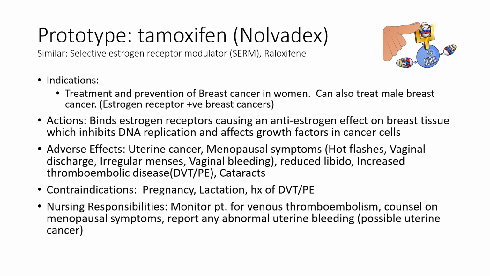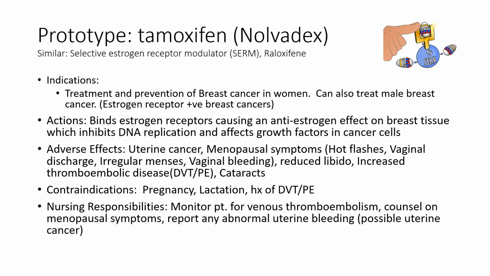One of the pieces of advice we give women, especially postmenopausal women on this drug, is if you ever get vaginal bleeding, that would be a concern. We would need to see you for that, because that could be a sign of uterine cancer. So we're treating one cancer, breast cancer, but we're taking a bit of a risk, not a big one, by increasing the chance of uterine cancer.